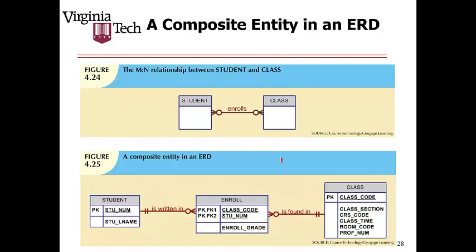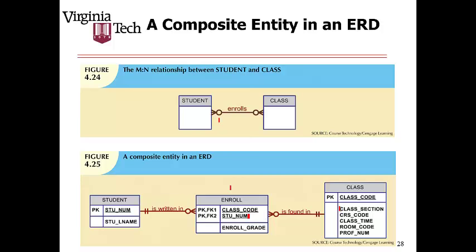Well, so here's an example of this. Here's just the same example, looking at it as a model, right? Where a student enrolls in 0, 1, or many classes. A class is enrolled in by 0, 1, or many students. So I make a new composite entity, enroll, and I say one instance of student is written in 0, 1, or many instances of enroll. One instance of enroll is for one and only one student number.